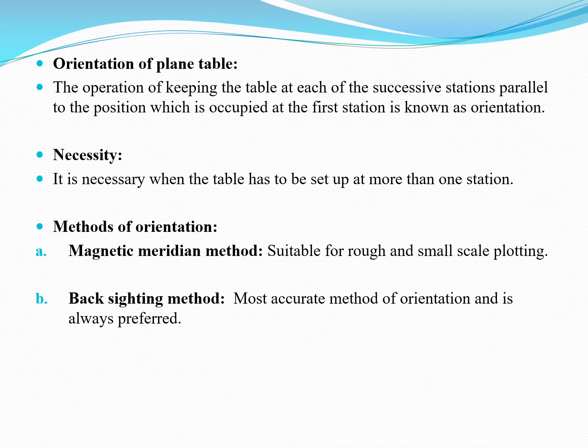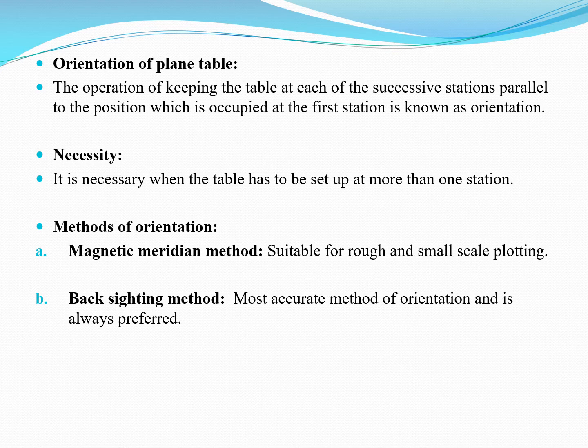Okay. Next point is orientation of plane table. Orientation is the operation of keeping the table at each of the successive stations parallel to the position occupied at the first station. In this method, setting the table at each successive station parallel to the position occupied at the starting station is orientation, according to the principle of parallelism.